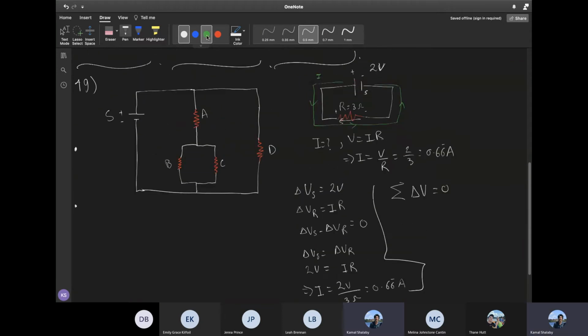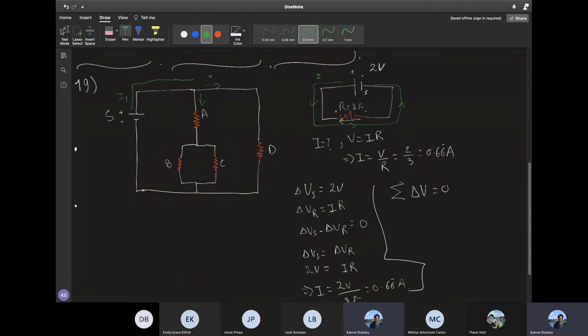Okay. So let's just start with how the current would go. Let's say that the current goes up. We start with the current I1, the main current going out. Then there's a junction here, and this current would break into two currents, one going downwards and one going to the right.